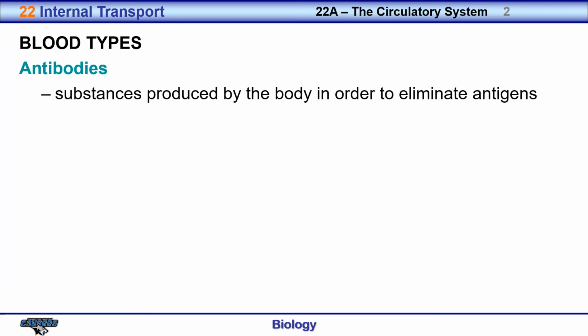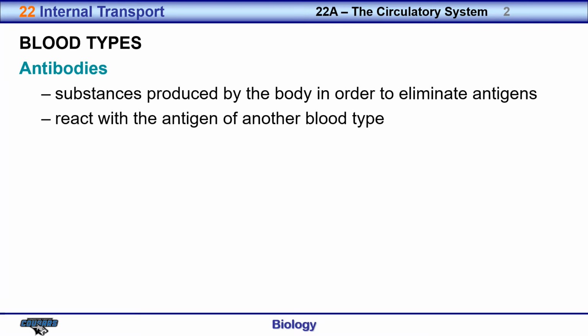Okay, here we have a red blood cell that has a certain antigen on it, and it stimulates the formation of antibodies. Now, the antibodies are going to react with the antigen of another blood type. In other words, the antibody is not going to attack its own antigen. It's going to attack any other antigens other than its own blood type.